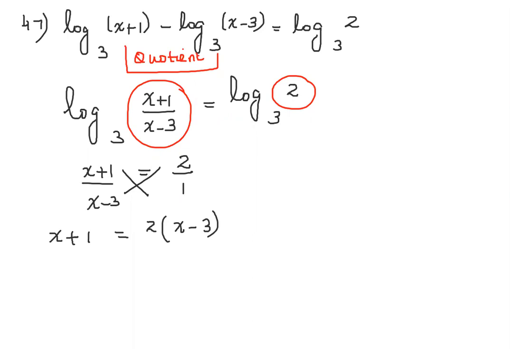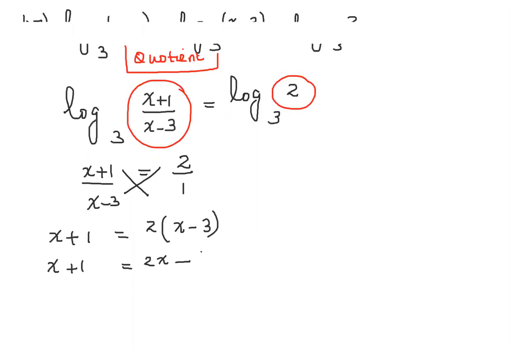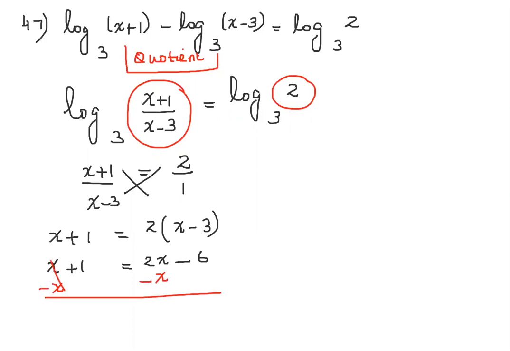Now distribute the 2. So 2x minus 6. And now we are going to solve for x. So we're getting x equal to 7.